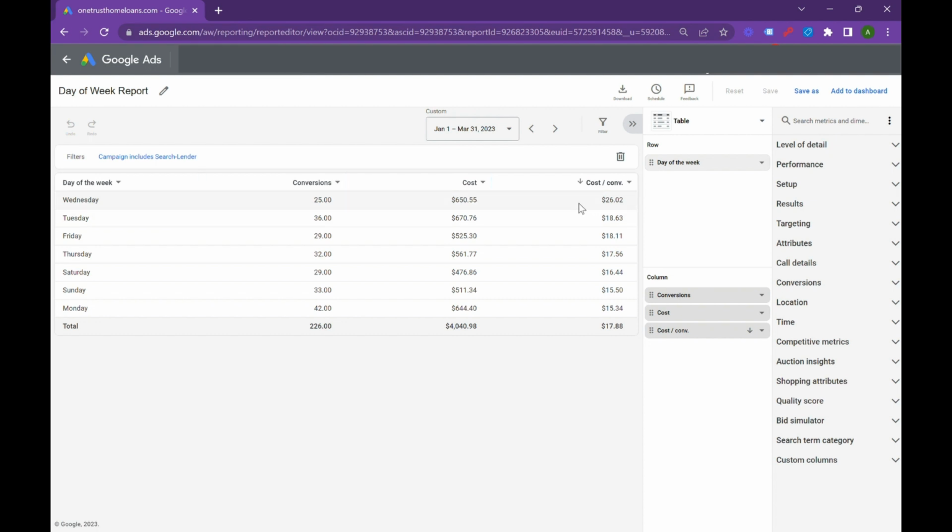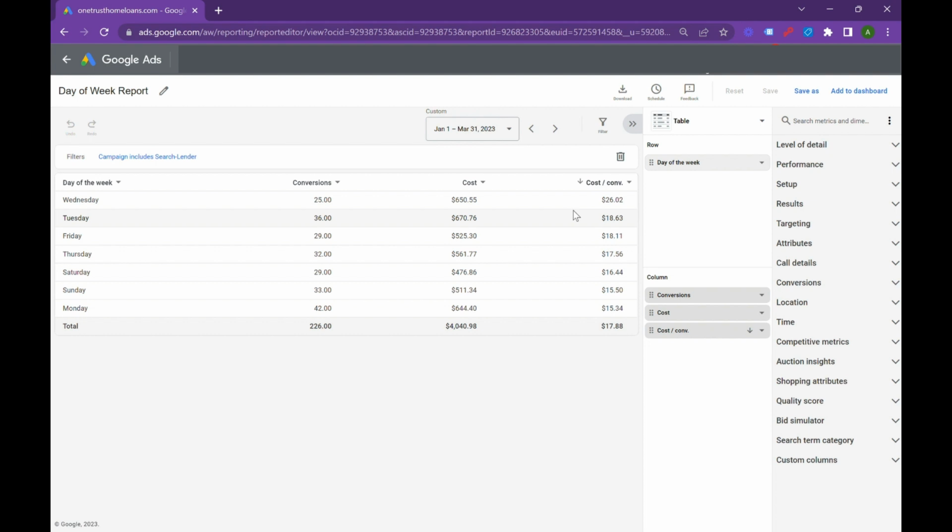Let's reduce our bids on Wednesdays. Hey, Tuesdays are very cheap. Let's push bids on Tuesdays, right? This is a direct result of demand and competitive pressures on the different days of the week, right? So you want to go into this report and make a few quick adjustments based on your data that will improve your cost per lead almost immediately, right?